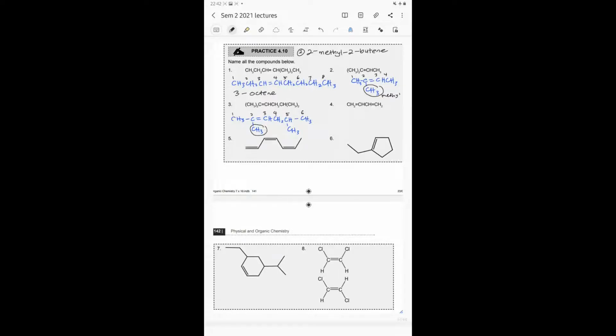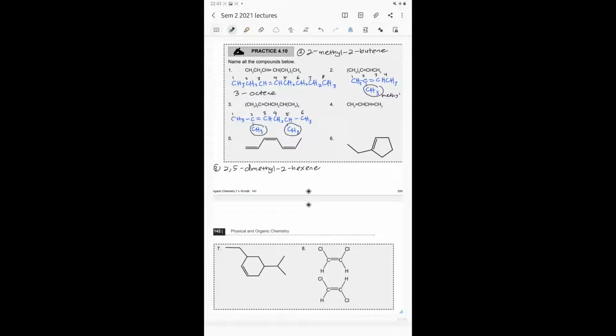There are 2 methyls as substituents at carbon number 2 and carbon number 5. So for question 3, we name it as 2, 5. Give the number and the name of the substituent first. We have 2 methyl, so it becomes dimethyl. 2, 5-dimethyl, and then the position of the double bond, 2. We have 6 carbons, hexene.